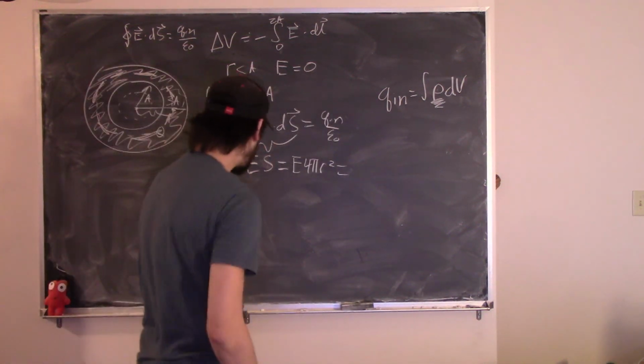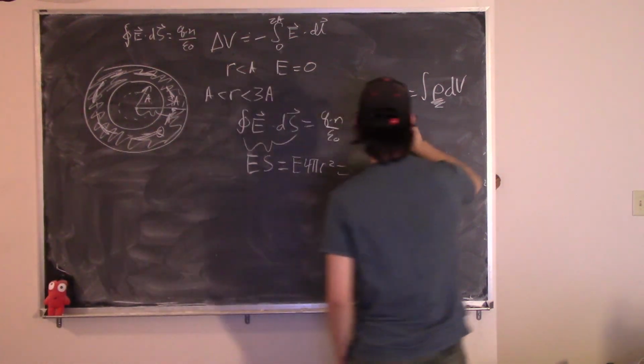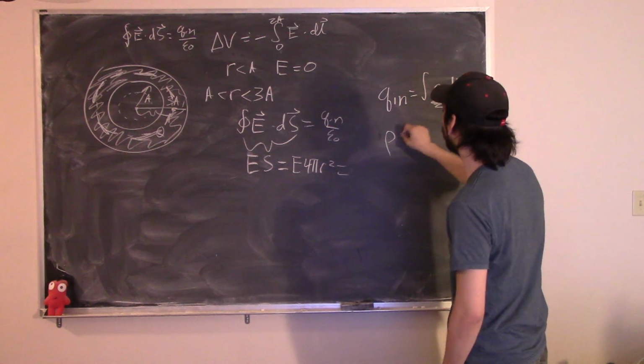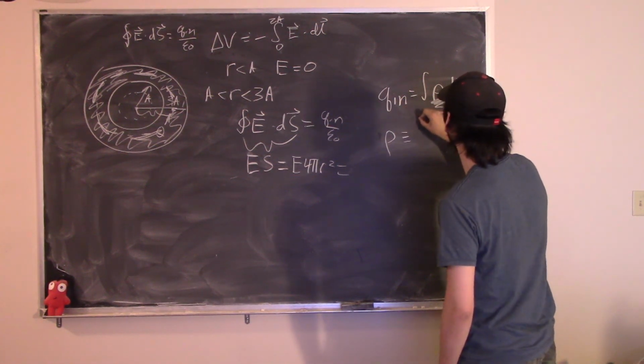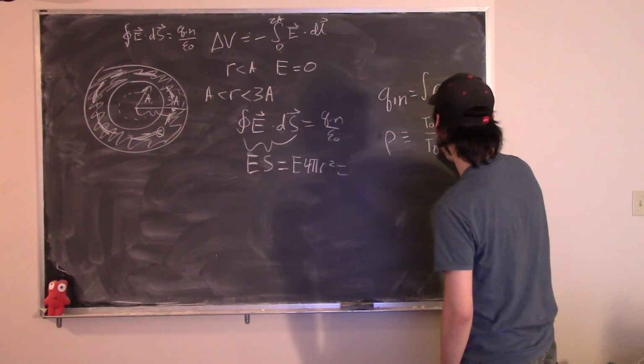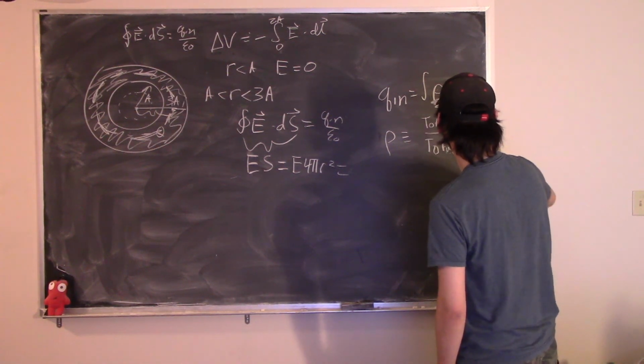In order to find rho, by definition, the charge density is equal to the total charge divided by the total volume.